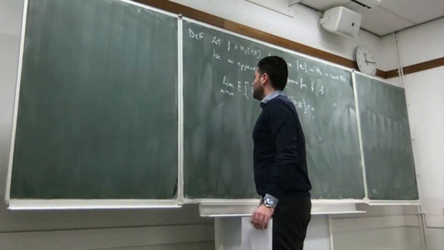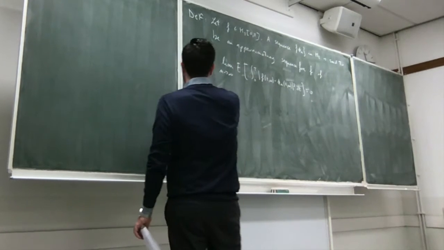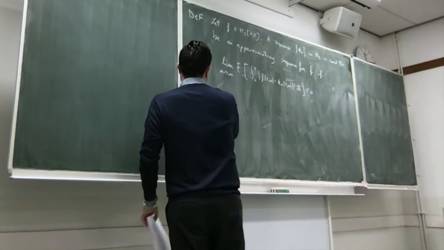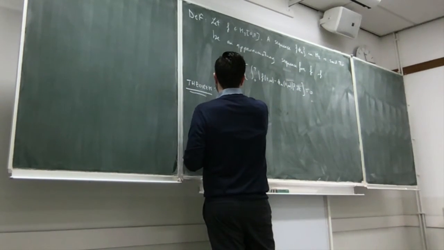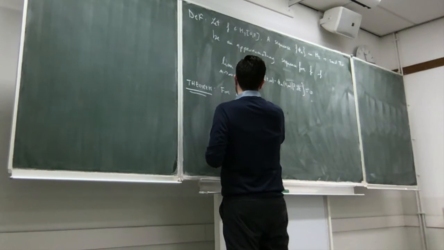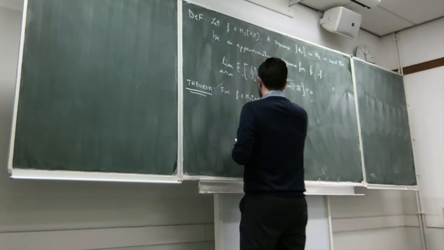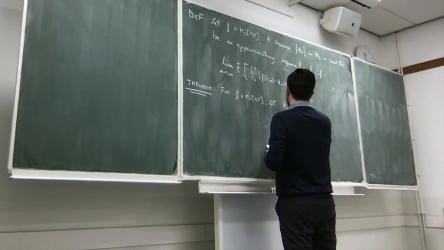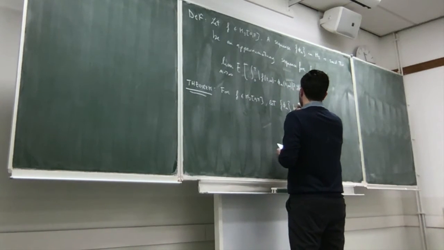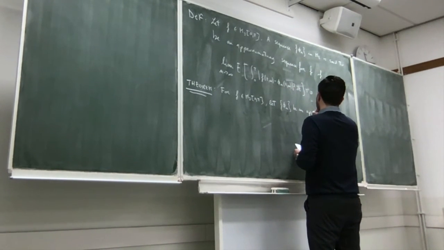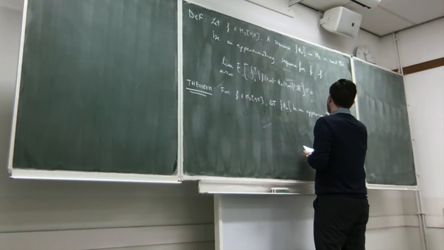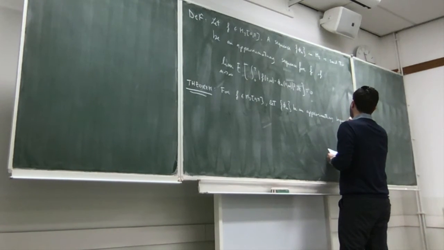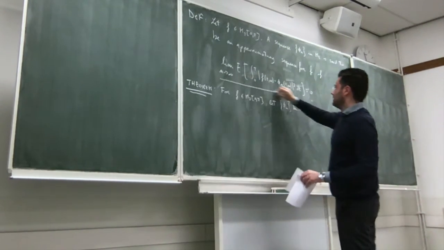Now, we have this theorem, which is important. For f belonging to the M2 class, let phi_n be an approximating sequence. It means that it satisfies this.